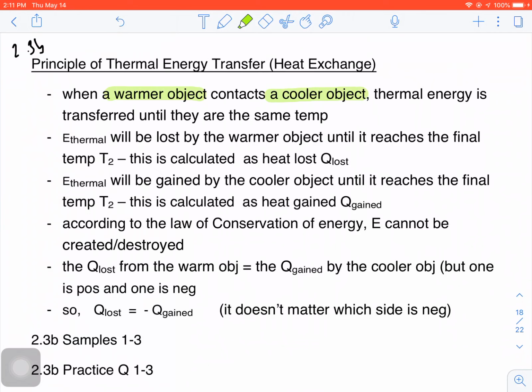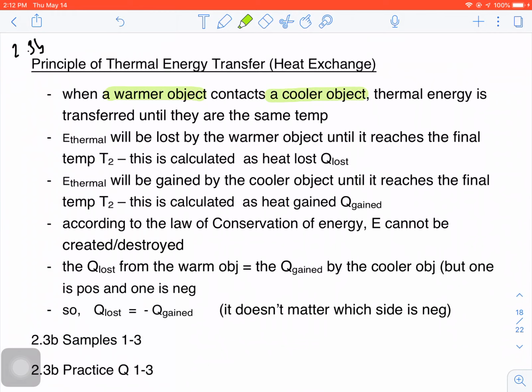The warm object will continue losing temperature as the cool object continues gaining temperature until ultimately they reach the same final temperature. They will continue to transfer heat from the warmer to the cooler until the temperatures of the two are the same, and then there will be no more thermal energy transfer.